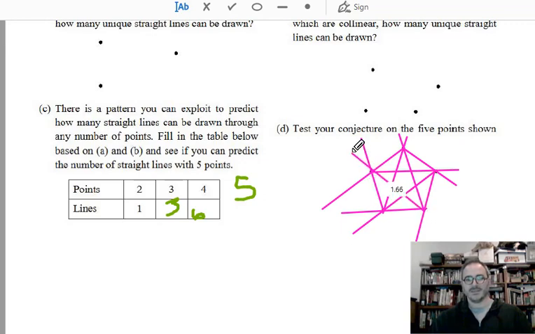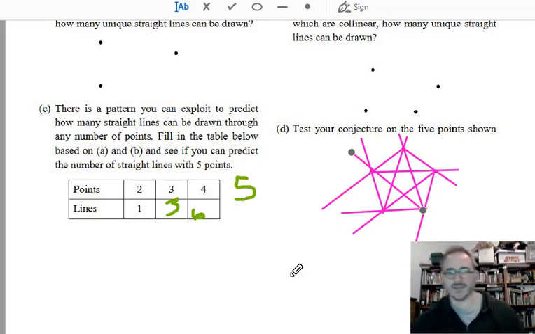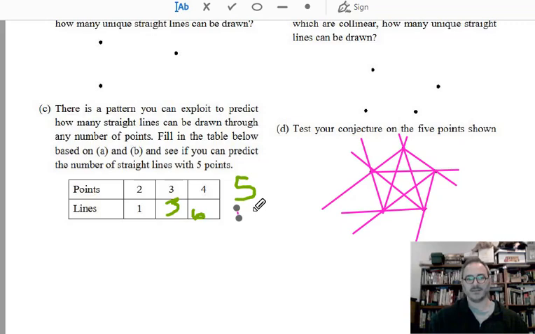See what's going on now? 10. I think I'm done with 10, right? I've got 1, 2, 3, 4, 5, 6, 7, 8, 9, 10. Oh, I have 11. I've got 11 here.